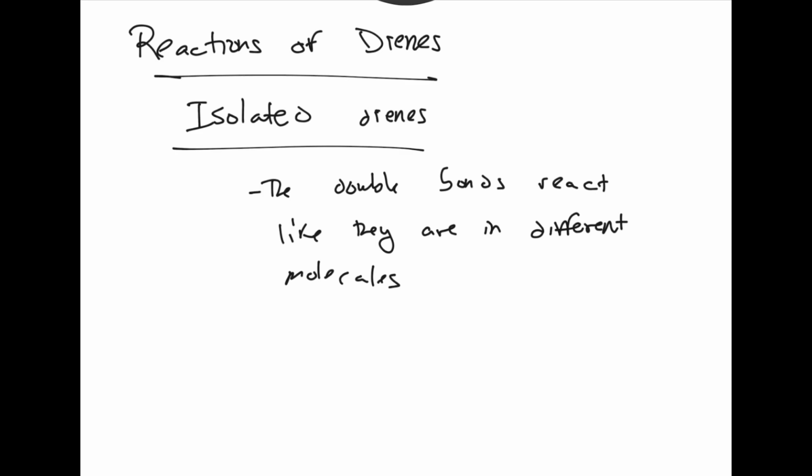And for isolated dienes, the double bonds react like they're different molecules, right? They're too far apart to talk to each other or interact. So the fact that there's another double bond in the molecule doesn't impact how this double bond is going to react, right? So each double bond reacts independently of any other double bonds in the molecule.